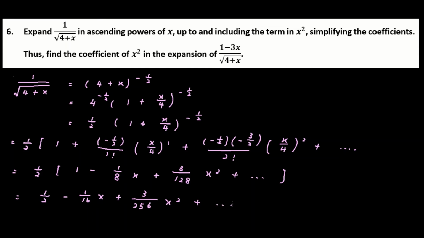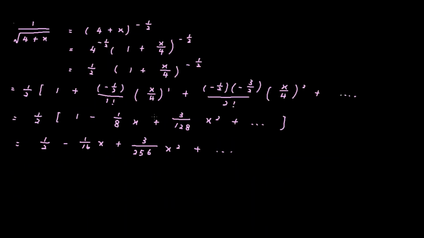Now use this to find the coefficient of x squared. Oh, don't forget your expansion is valid for... so you should be looking at this, not this, the 1 plus that one.